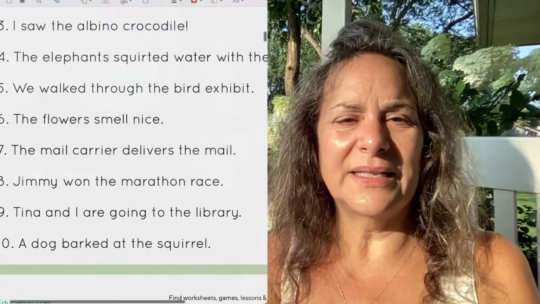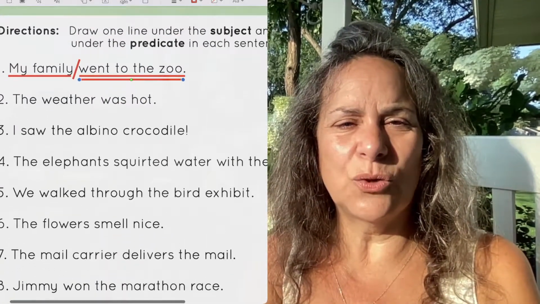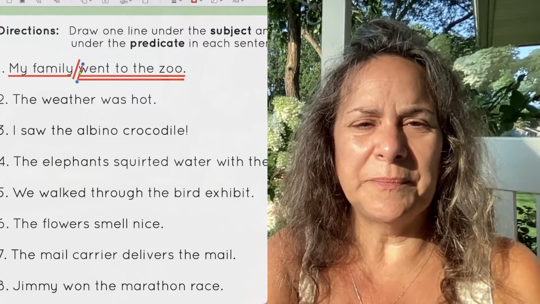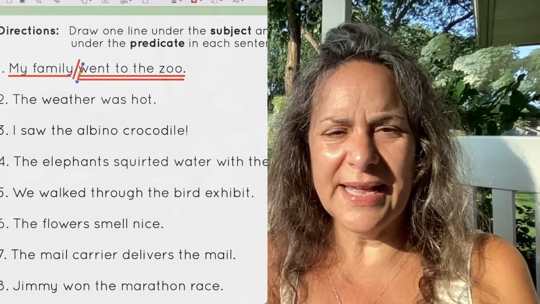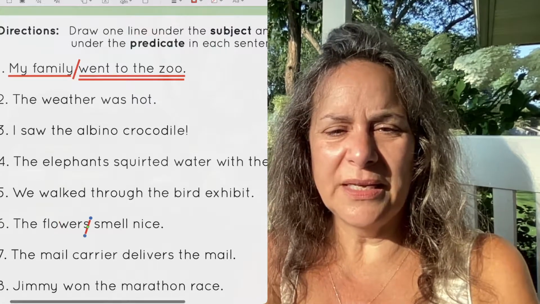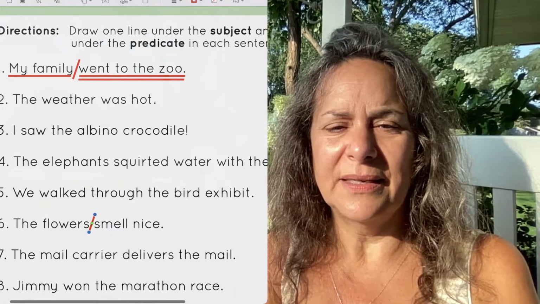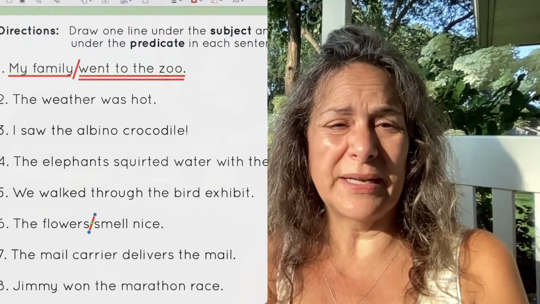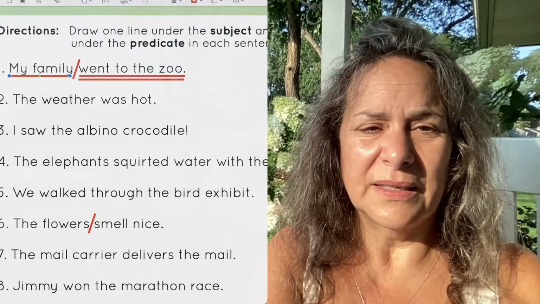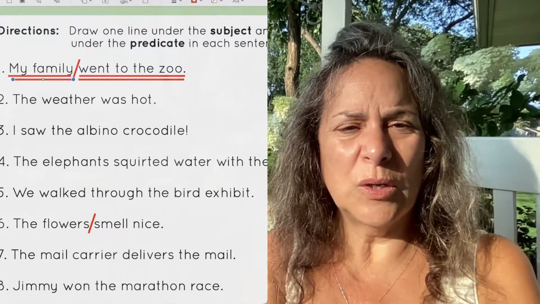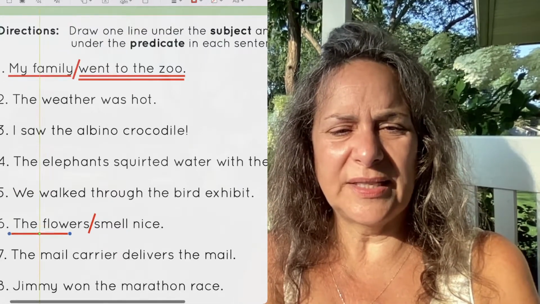Let's take a look at that sentence for just a second. We're going to do the same things that we've been doing. We're going to divide that sentence between the complete subject and the complete predicate. We'll put the underlines just like we see.